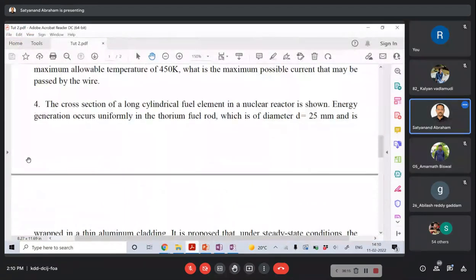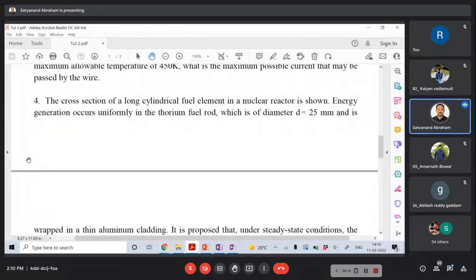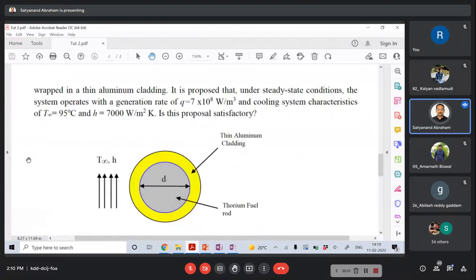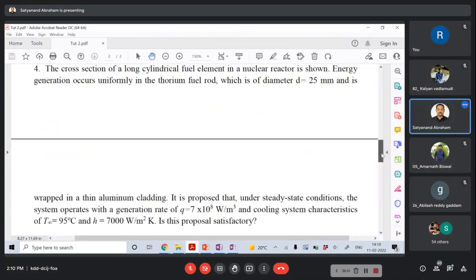So next one: the cross section of a long cylindrical fuel element in a nuclear reactor is shown. Yeah, the cross section is shown over here. This is the fuel and this is the cladding, thin aluminum cladding. So here again thin is given, which means the thickness is negligible.